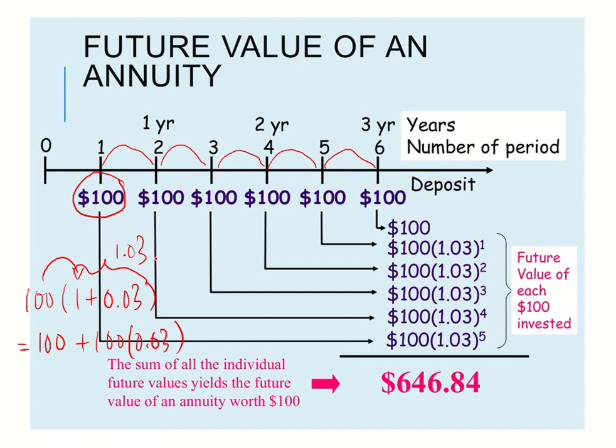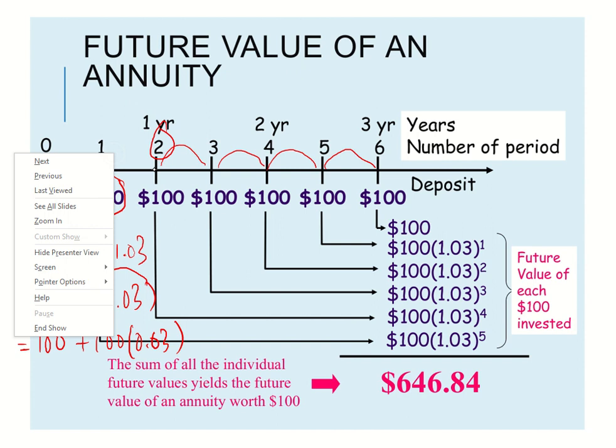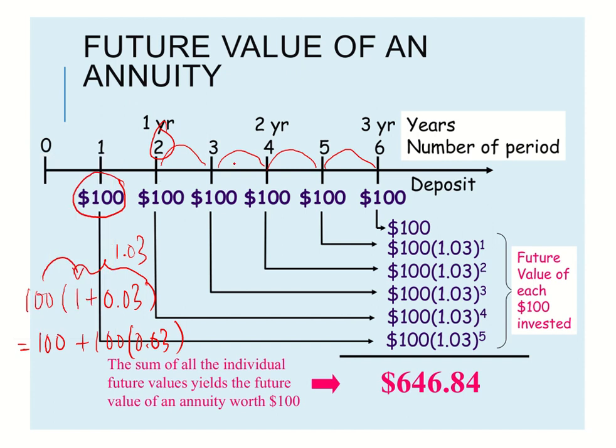Similarly, at the end of the second half of the year, we will pay another $100. This $100 will generate 4 times of interest: 1, 2, 3, 4. So it will be 1.03 to the power of 4.